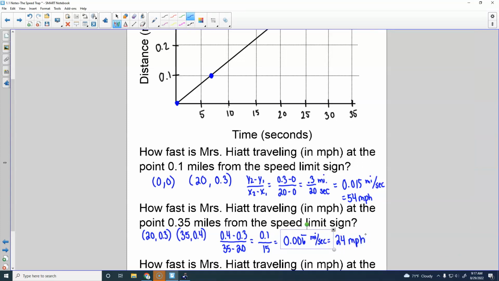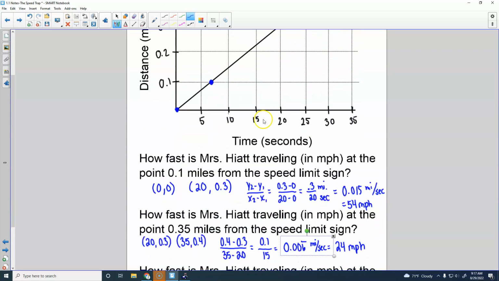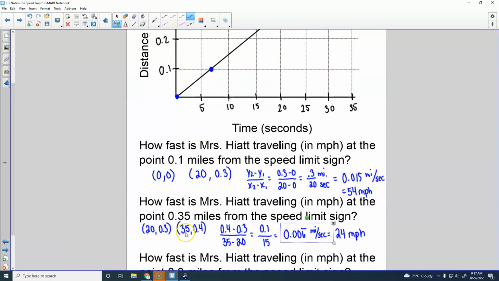Okay, so if you're done with that first one, you should have got 24 miles per hour there. I just used the endpoints. Right here I'm at 0.3 miles, right here I'm at 0.4 miles, and the time goes from 20 to 35 seconds, so 0.1 miles in 15 seconds.